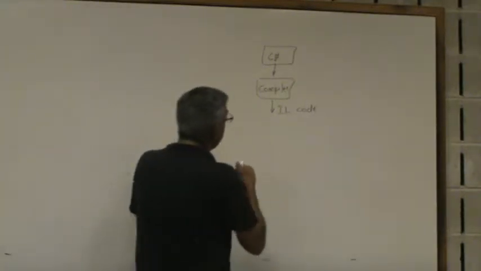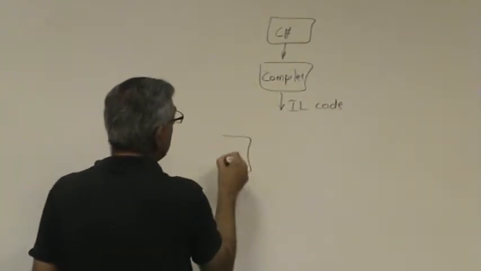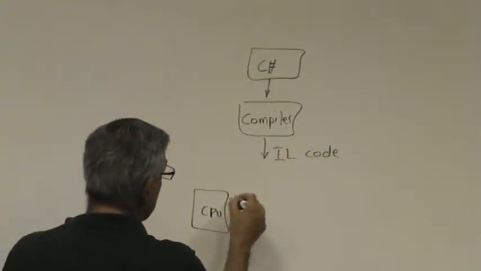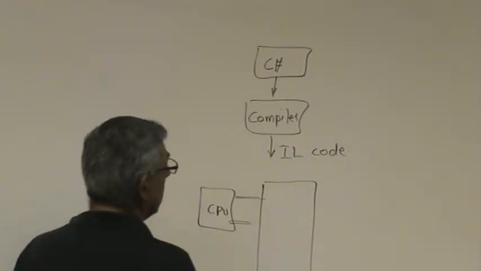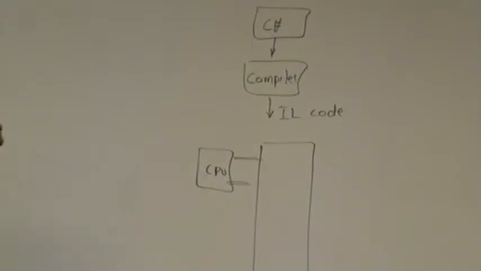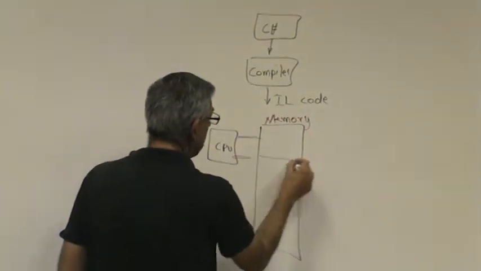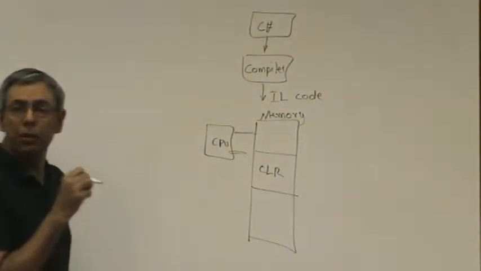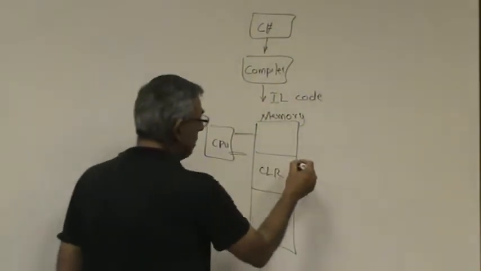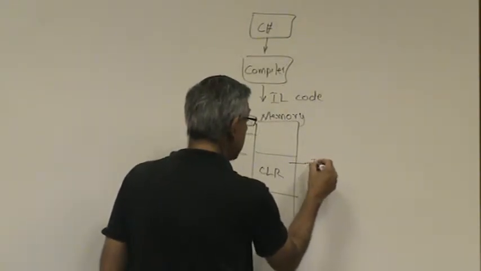Okay. Then we also discussed, in order to run this IL code, how does it work? Do we load this IL code into the memory of the computer? No. In the memory of the computer, we load what is called the CLR, Common Language Runtime, which has three main parts to it. For example, the just-in-time compiler.